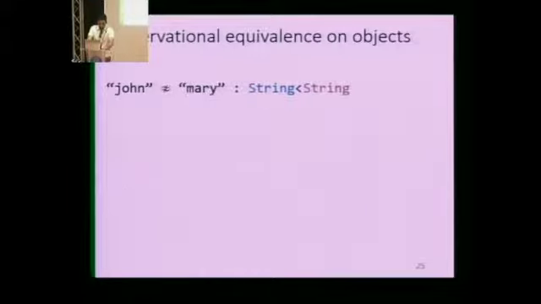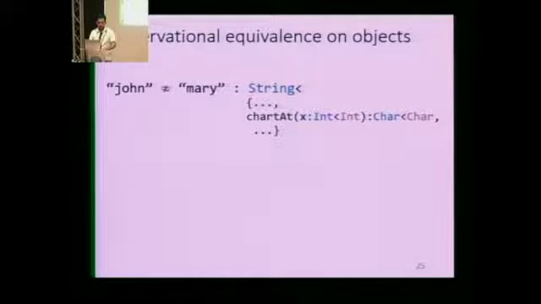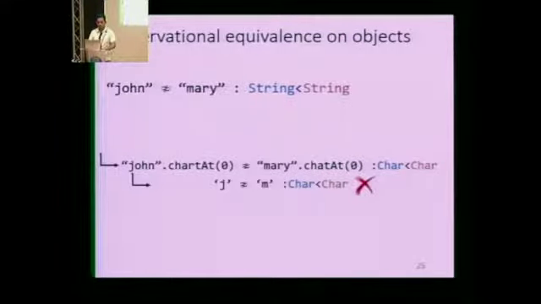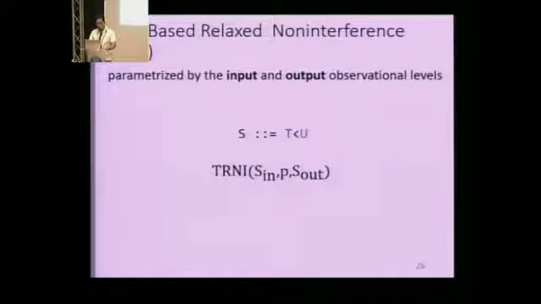But on the other hand, if we have the full type, we can use some method in the type interface, for example, the method char_add, to realize that those strings are not equivalent. For example, the first characters are not equivalent. So we use that to parameterize our security definition, which is basically type-based realized non-interference.